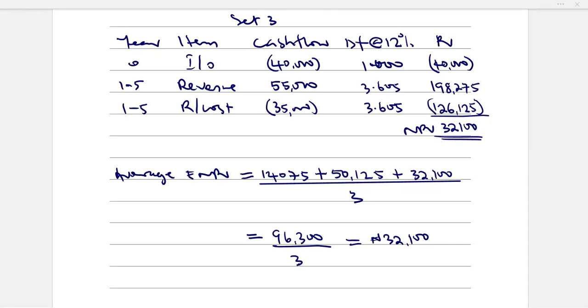Number C, examiner is asking you to briefly explain why the expected NPV computed in A and the one computed in B may not necessarily be the same. Can somebody tell us why they are not the same?